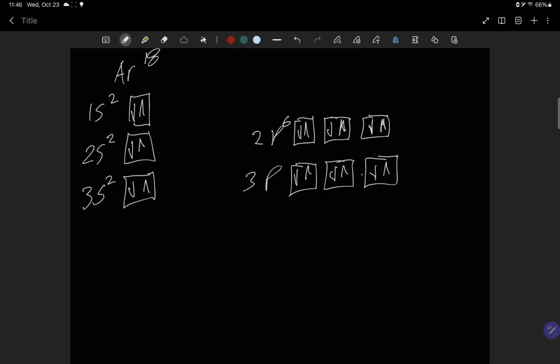All 6 in there. So that's 6 in the 3p orbital. So it'd be written as 1s2, then 2s2, then 2p, and p orbitals have 6 electrons total possible. Then 3s, and 2 electrons in there. This one is 3p, and then all 6 electrons in there.